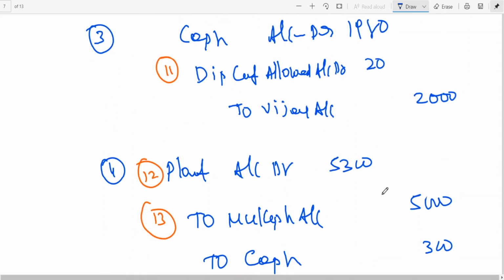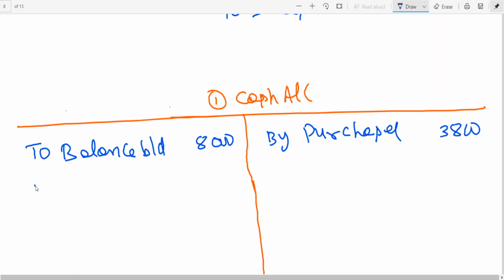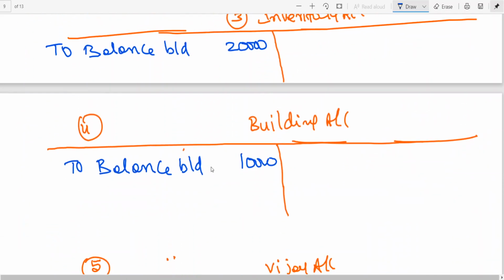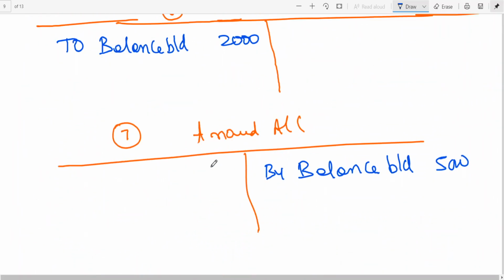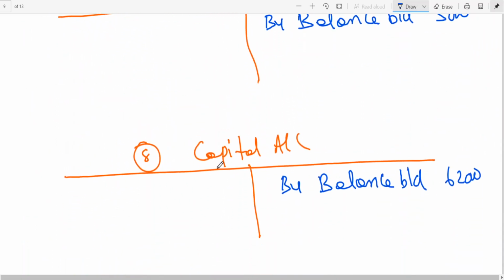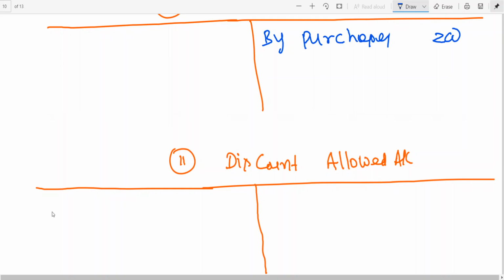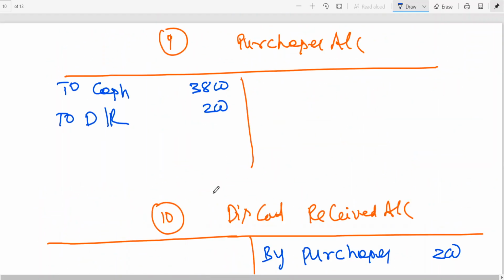So first, what am I writing? In cash account, to Vijay account 1980. In discount allowed I must write to Vijay account. It indicates discount has been given to Vijay.